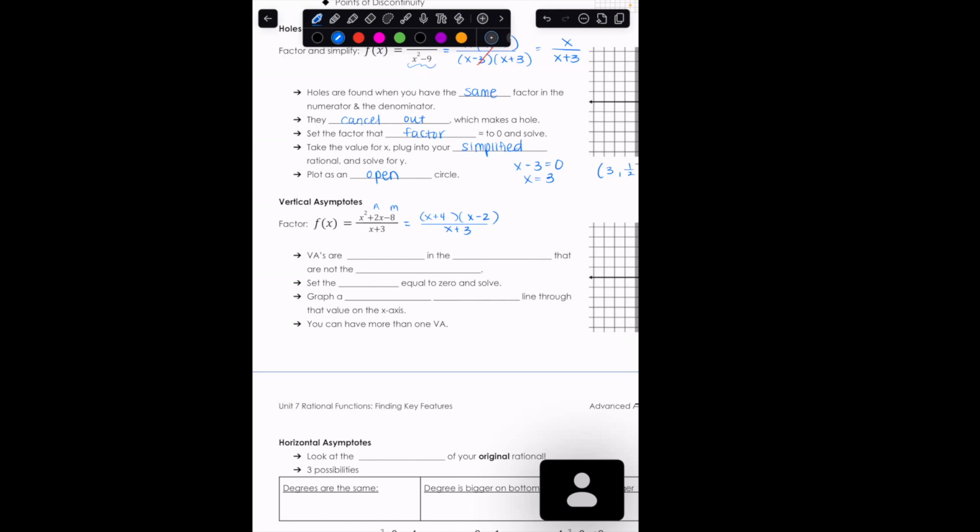So because nothing cancels, I have no holes. So vertical asymptotes are factors in the denominator that are not the same as the numerator, meaning they don't cancel.